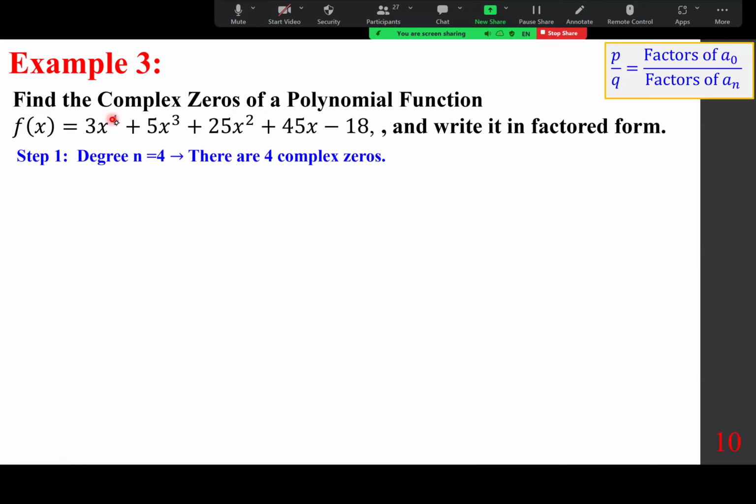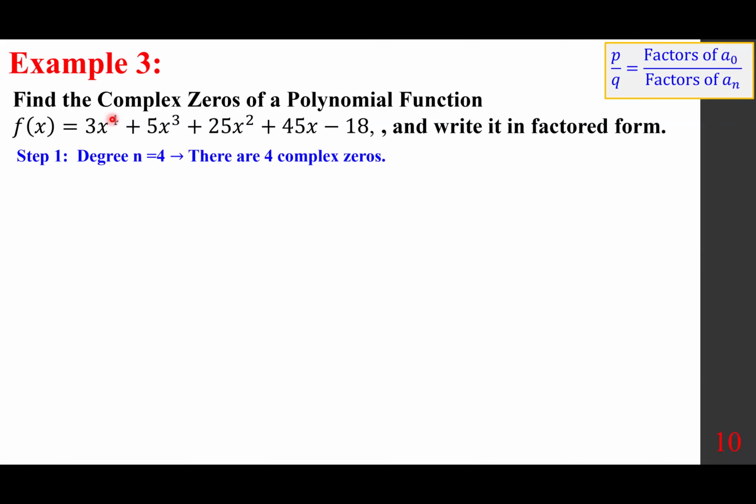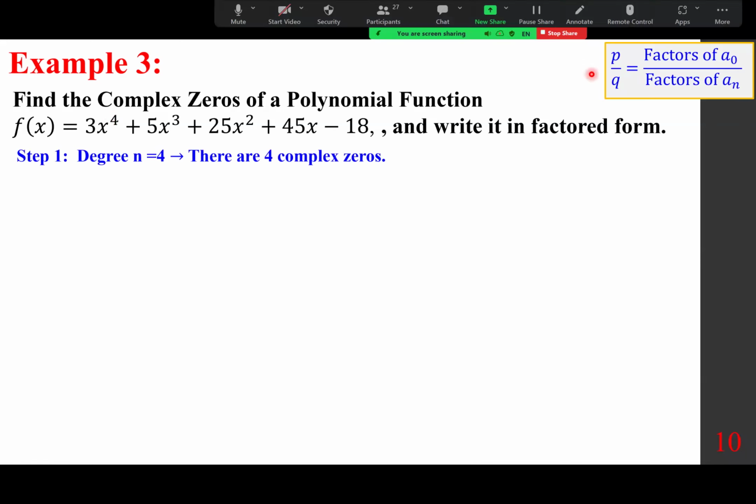What are the possible zeros? According to the rational zero theorem, factors of a sub 0, which is -18, over factors of a sub n, which is 3. By the way, a sub n is a sub 4 because the exponent is 4.